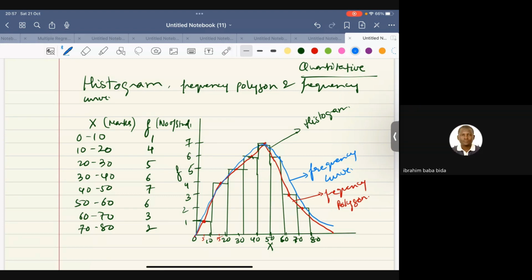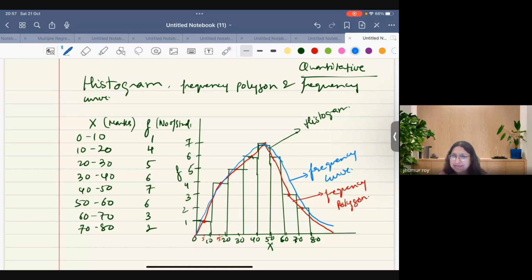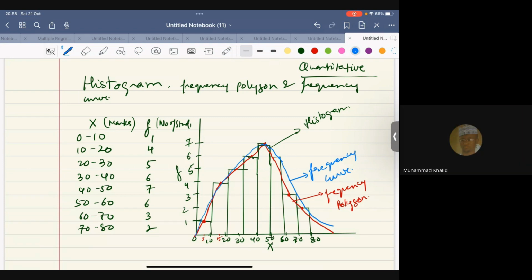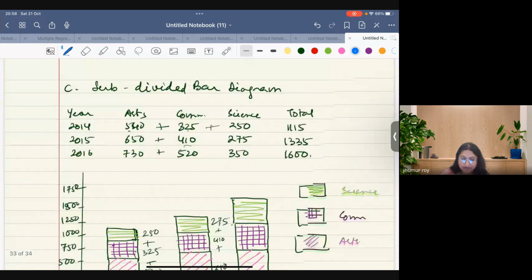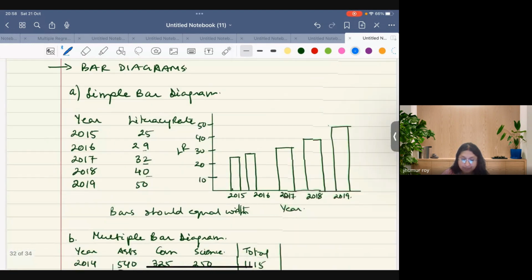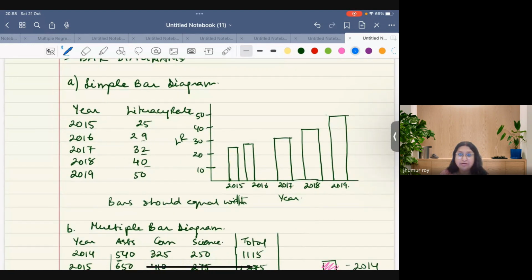Lastly, ma'am, I need a clarification. What's the difference between the histogram and the bar chart? Because from the diagrams, they look similar. No, they are not at all similar. When we are taking bar diagrams, you're taking years and different regions.